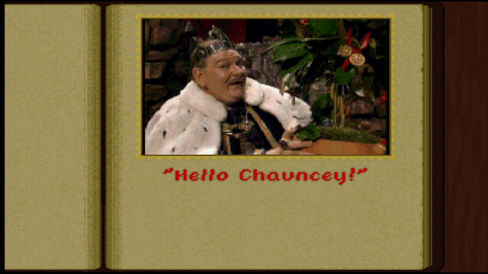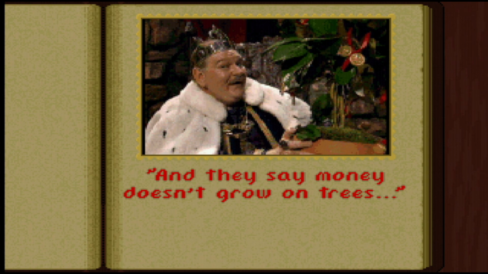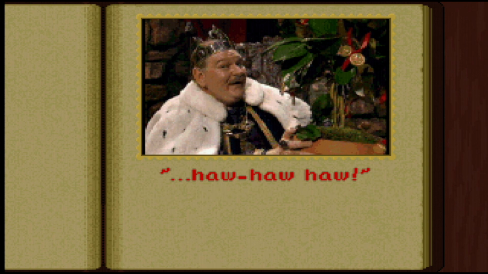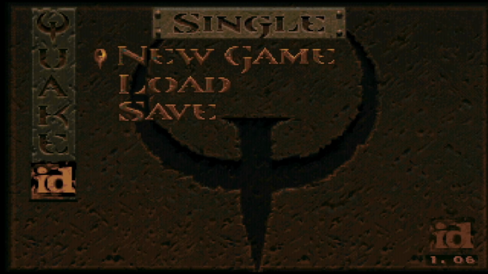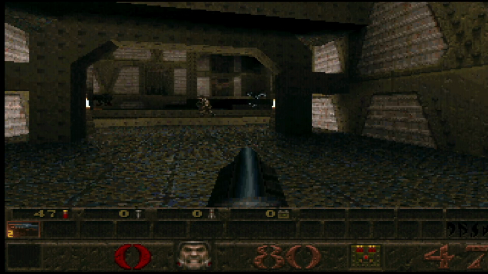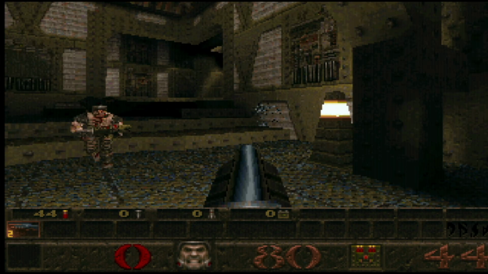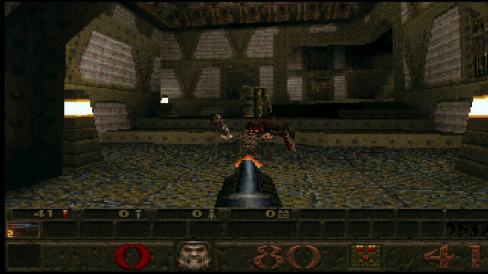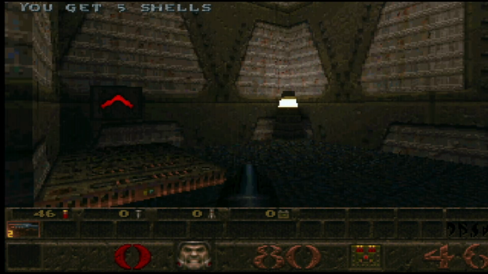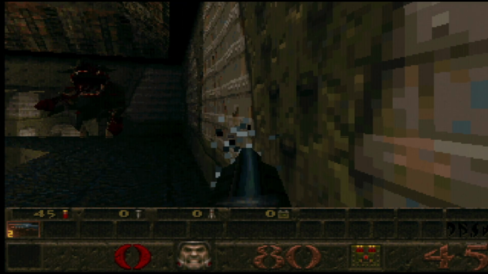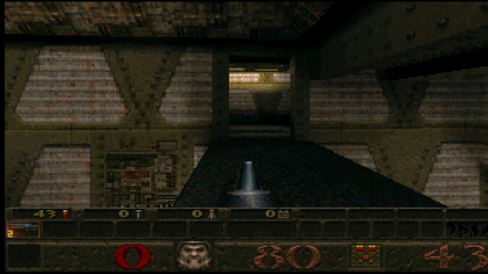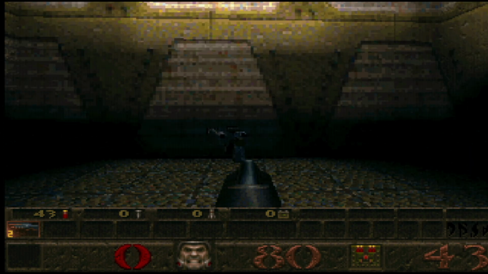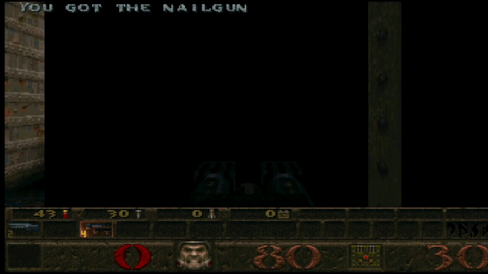Hello, Chauncey. And they say money doesn't grow on trees. Water it often and give it morning light. Enjoy. Fire!